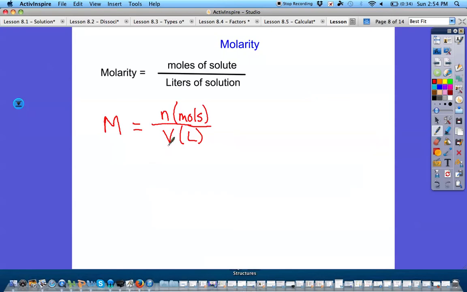Now remember, for your volume, again, you're going to need the solute plus the solvent. Typically in molarity, the volume is going to be your total solution volume, you won't have to do any calculation for it.